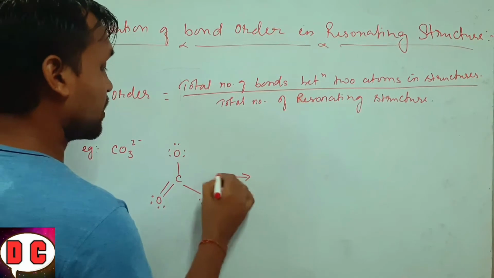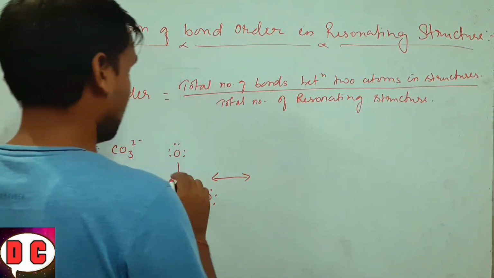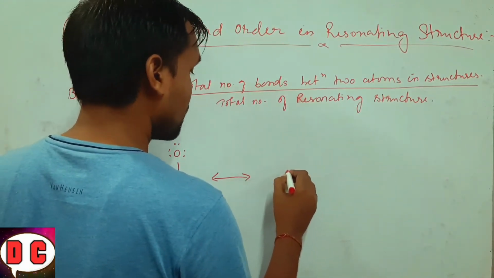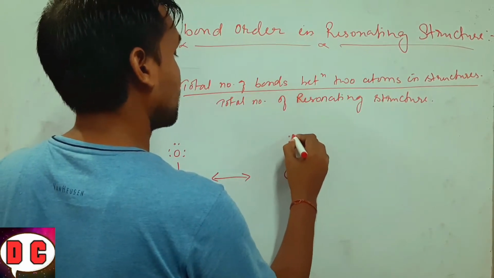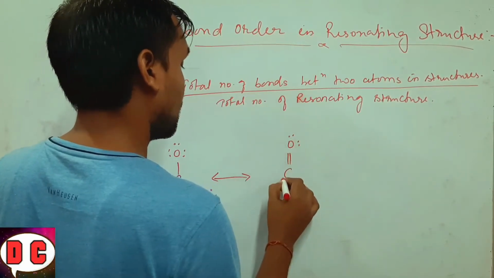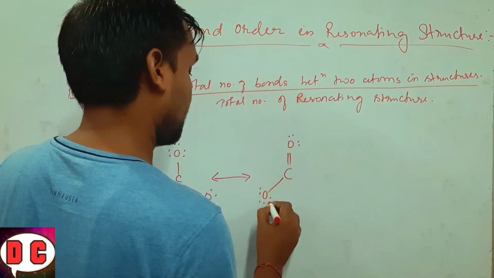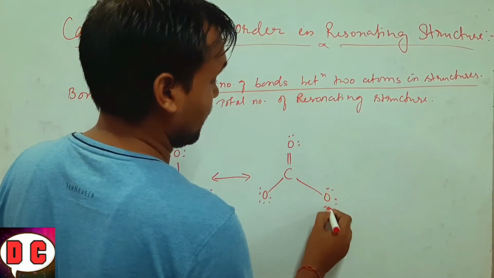If I draw the resonating structures of this carbonate, then what will happen? The double bond will shift one by one. So you will get the double bond here, with 4 electrons, here a single bond with 6 electrons, and here 6 electrons.